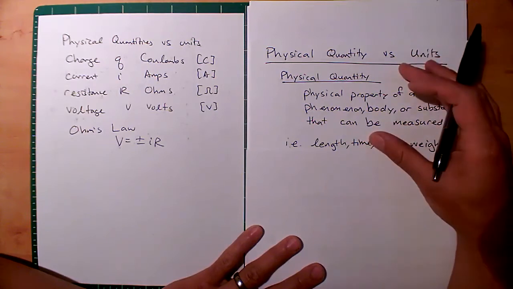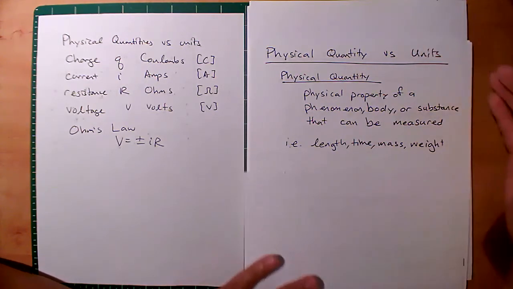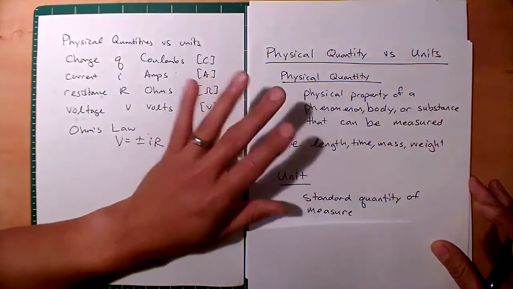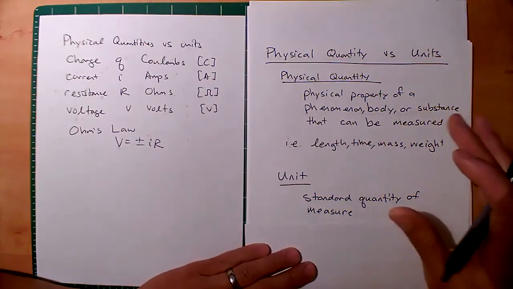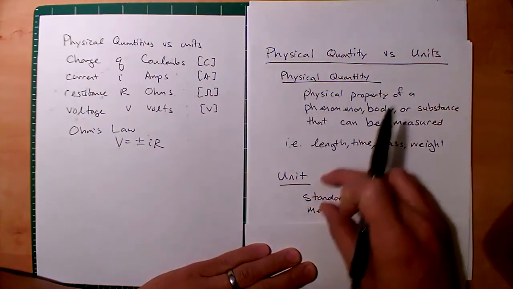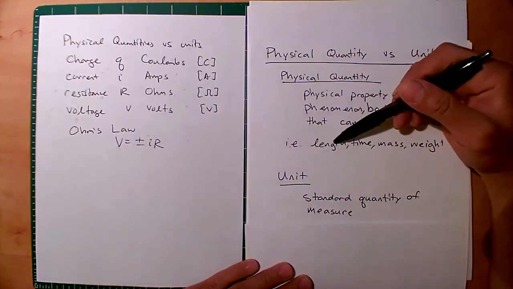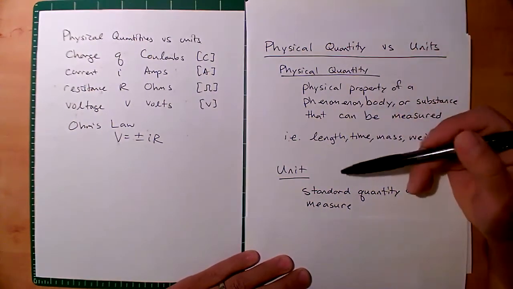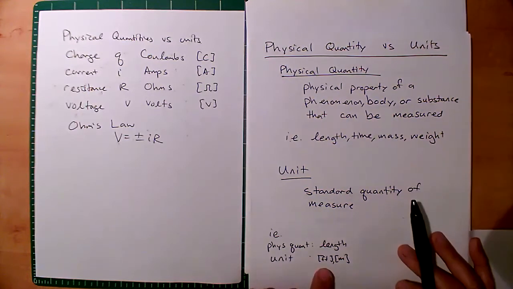Now, a unit is going to be the standard of measurement for that physical quantity. So it's a subtle difference, and we sometimes interchange the two, but I do want to make sure that we have the distinction in our mind. For example, if you have length, then the unit could be feet, meters, inches, centimeters. So here's a physical quantity on the top, and here's a unit.